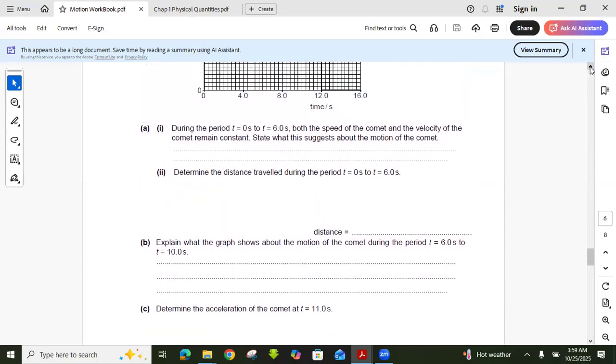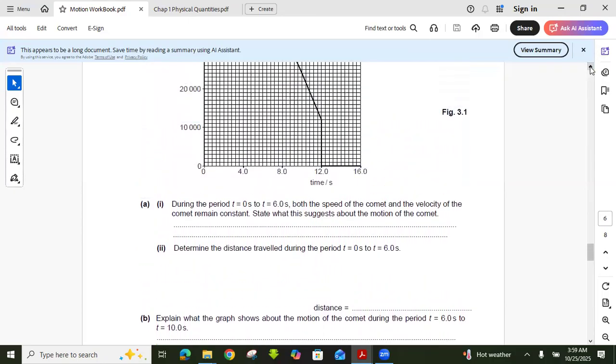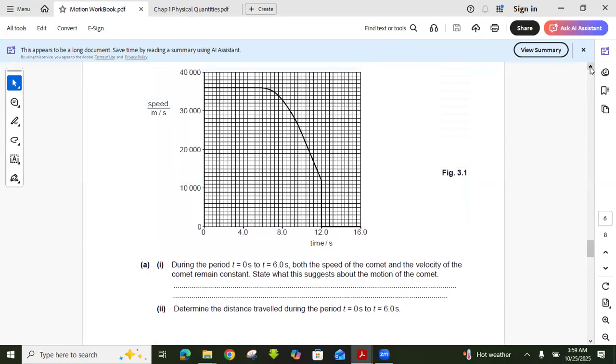And time is given to you, which is 11 seconds. So first of all, we need to find where 11 seconds is. This is 10, and we have 11 over there.